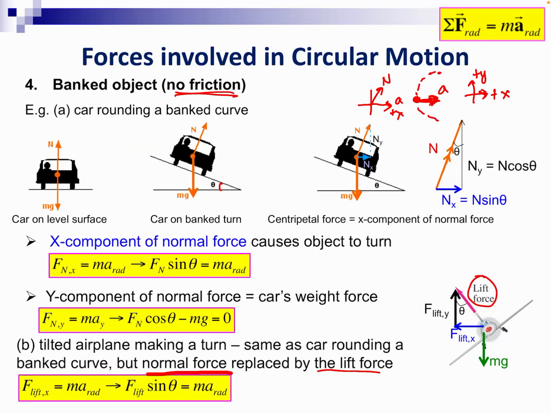Along the x, the x component of the lift force equals the mass times the radial acceleration. And along the y, you don't have motion, because you want your airplane to bank and make the turn towards the center of the circle. And so you have the weight force equal to the y component of the lift force.